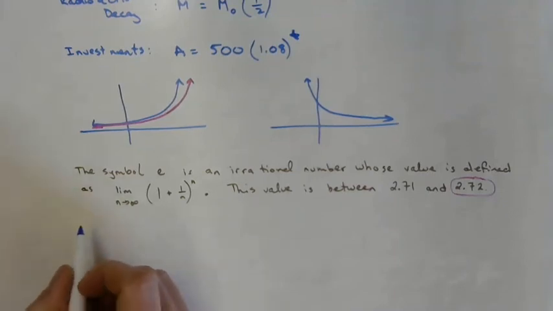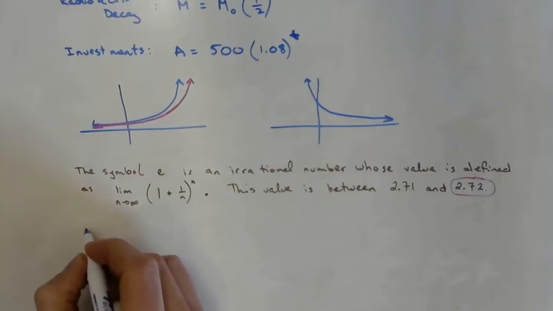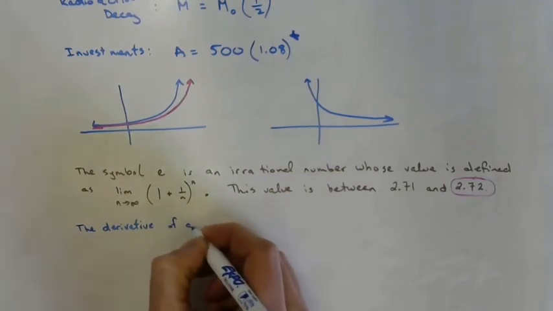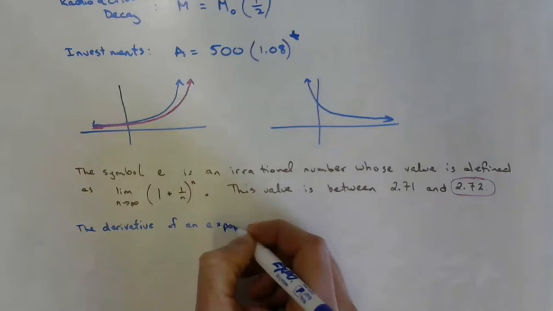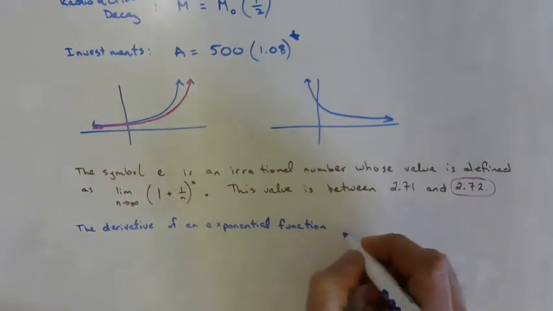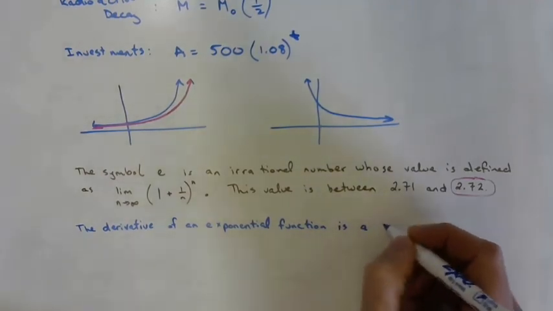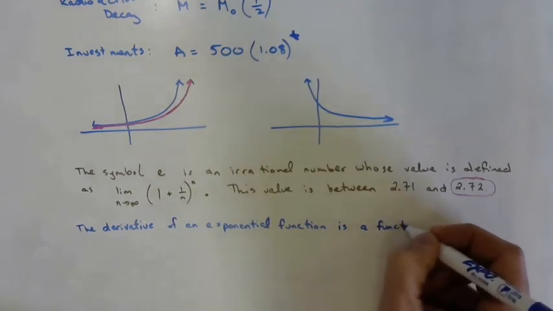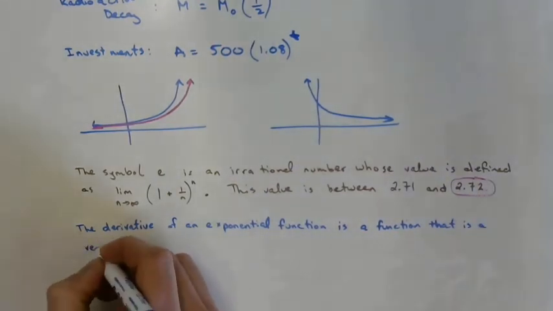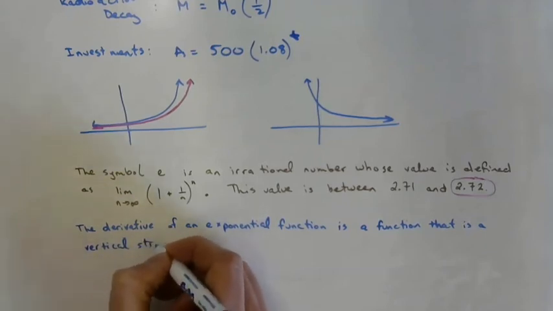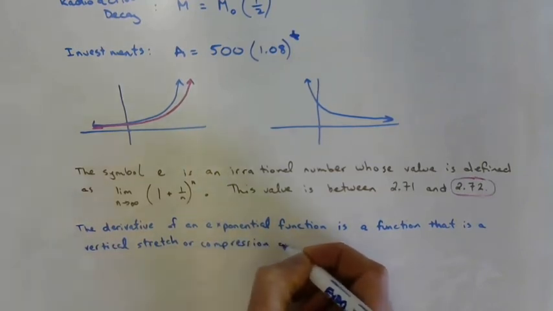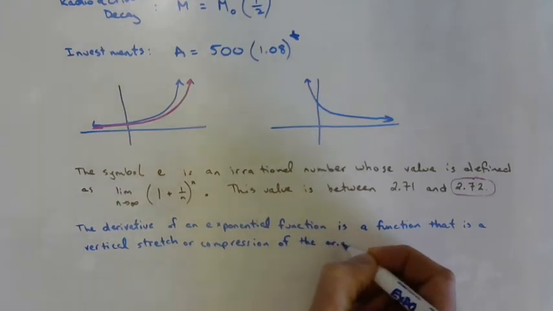Okay, what else did we talk about here? Another note: the derivative of an exponential function is a function that is a vertical stretch or compression of the original function.